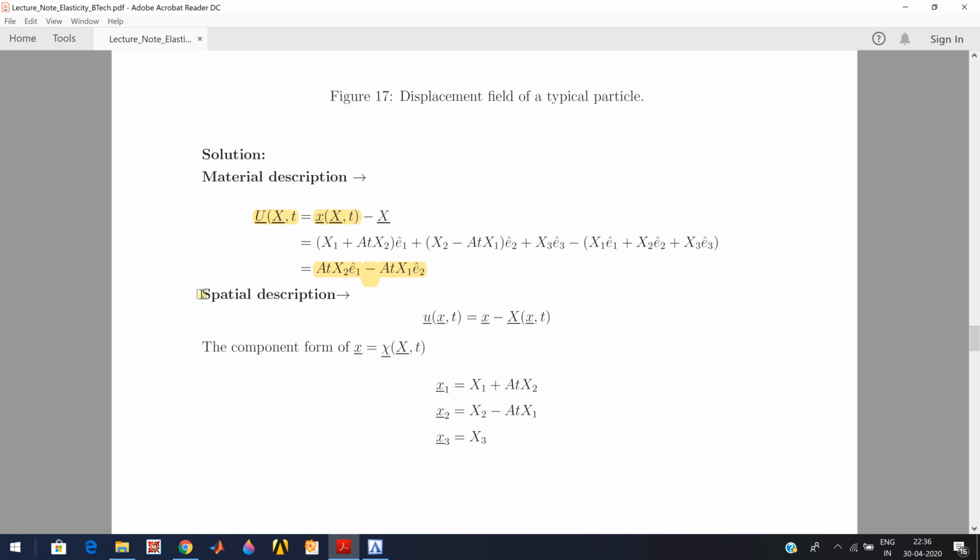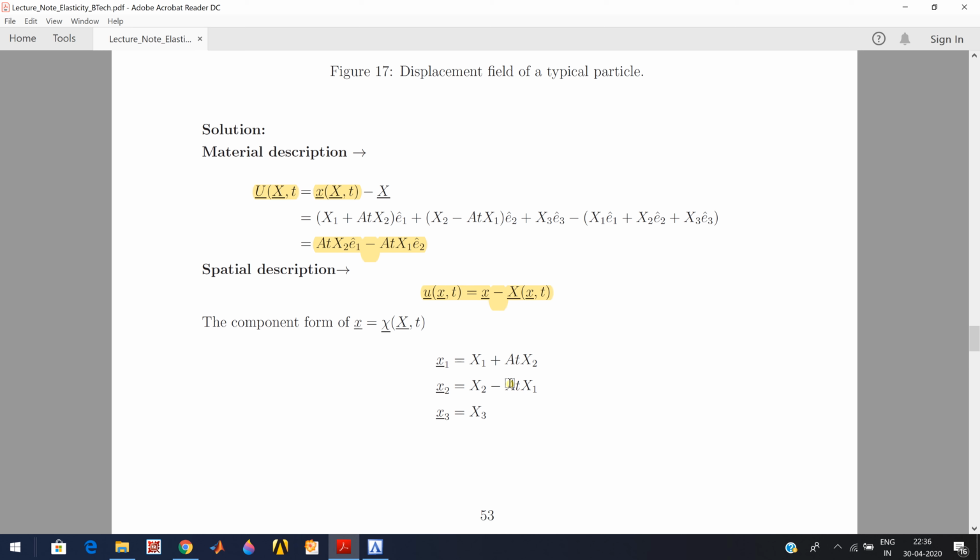Now for the spatial description, we'll have the same mapping function or the motion description, but you have to express everything in terms of the spatial coordinates. We have small x, which is the present position, minus the initial position, but that initial position now you have to describe in the spatial coordinates. You can do that from this relation.